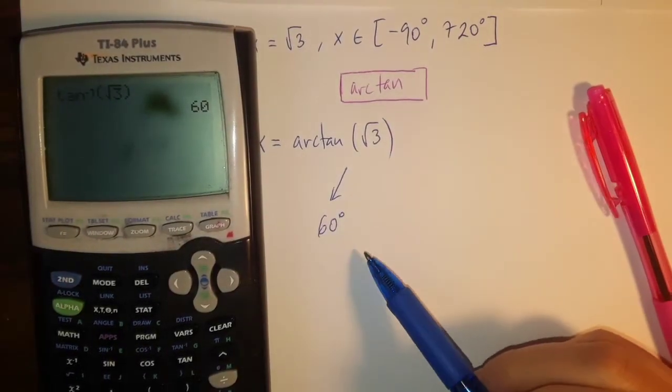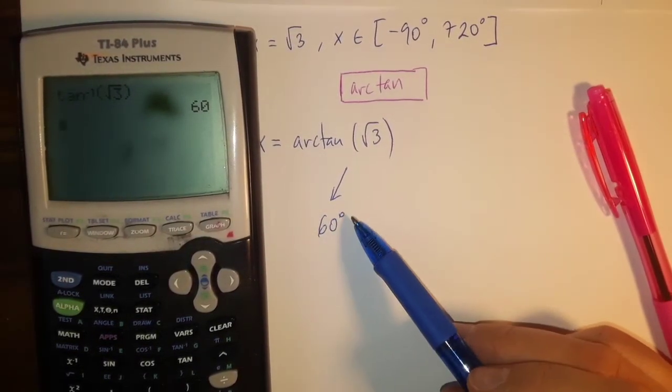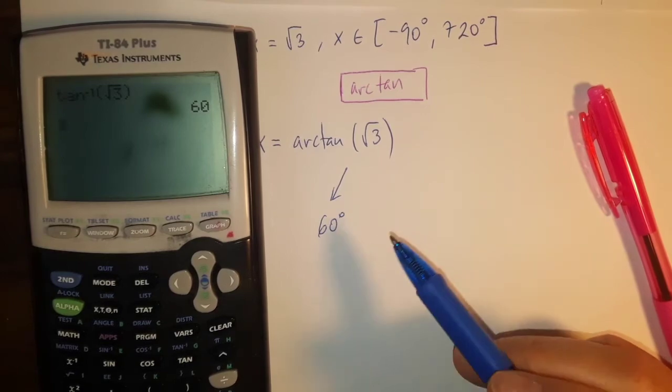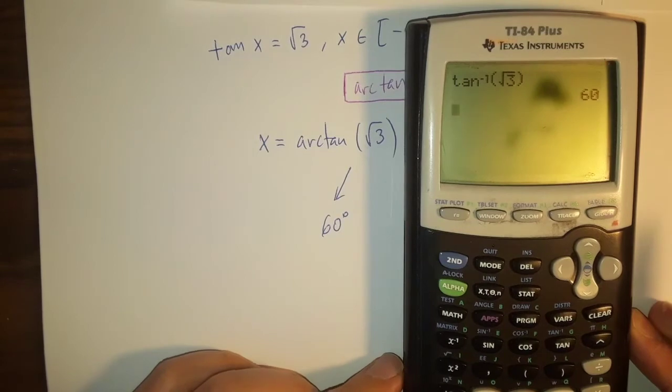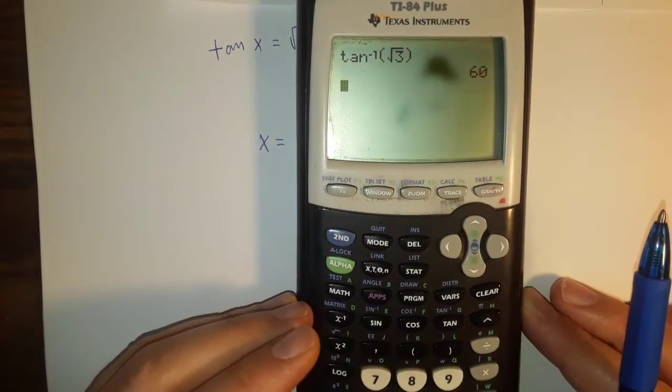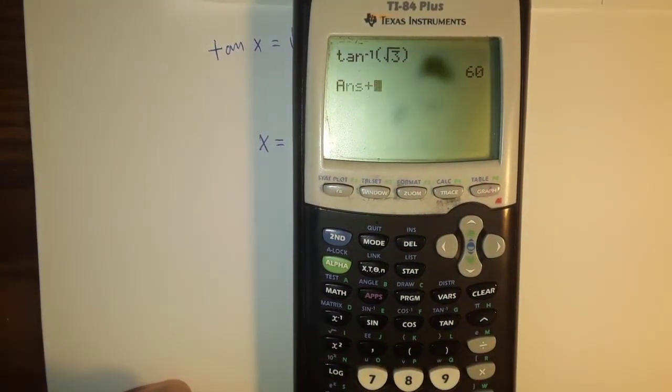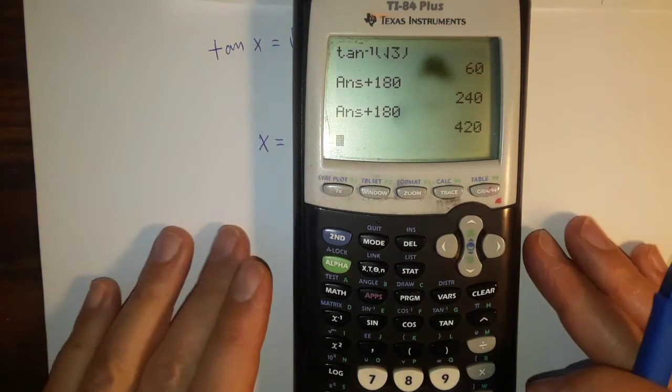But as we said, this repeats every 180. So if we keep adding 180 with the calculator, we're going to get more solutions. I add plus 180, and I have 240, and this is another solution. Plus 180, and I get 420, another solution.